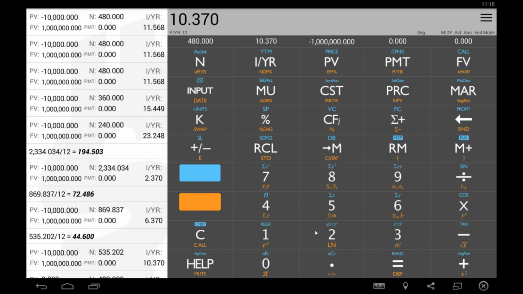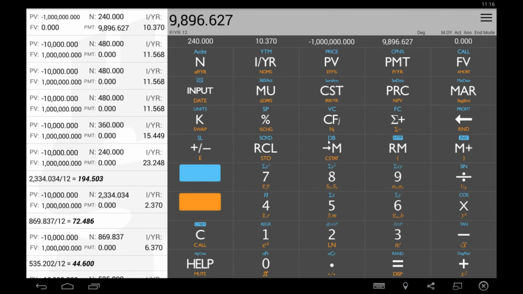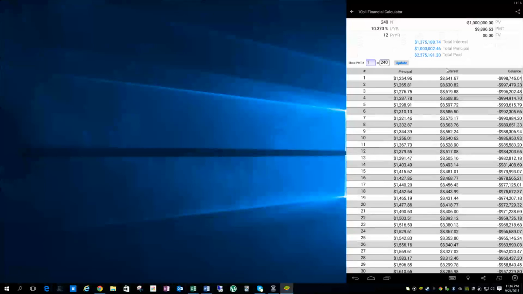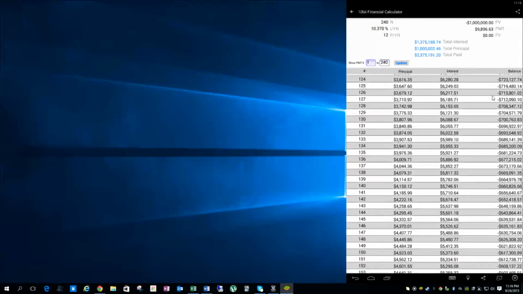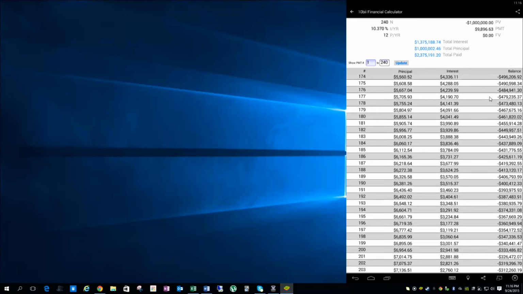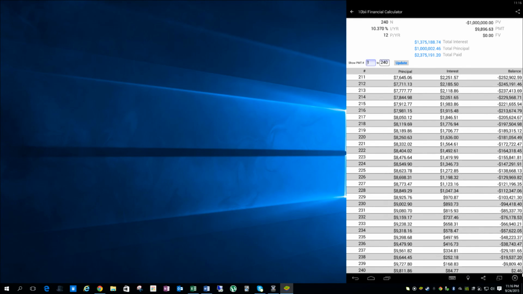And we expect to live from the age of 60 to, let's say, 80. So that's 20 years. How much can I safely withdraw? About $9,900 a month at that consistent return. And once again, in the amortization, we can see where we are at any step, all the way down to 0.